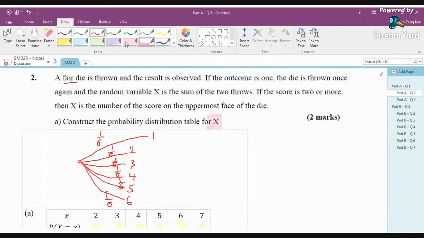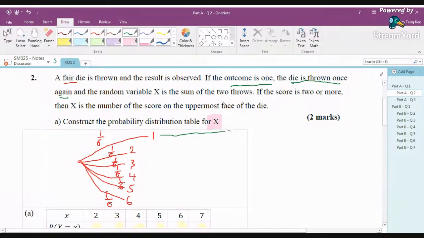Then next, what you find out is that if, let's say, I throw the dice and I get the result 1, the score is 1. Then what I need to do according to the question, if the outcome is 1, is that the dice is thrown once again. So if I throw once again, now I continue the tree diagram from 1.